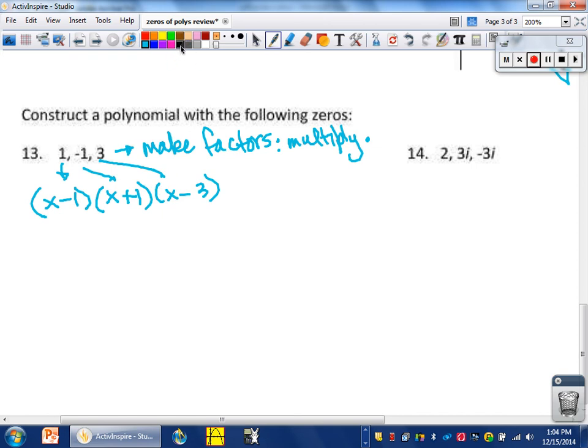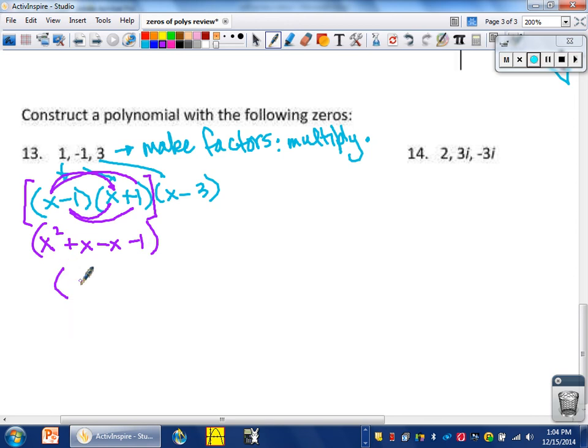Okay, and now it's just a big multiplication problem. So let's start off by multiplying these 2 binomials together. x times x, x times 1, negative 1 times x, negative 1 times 1.